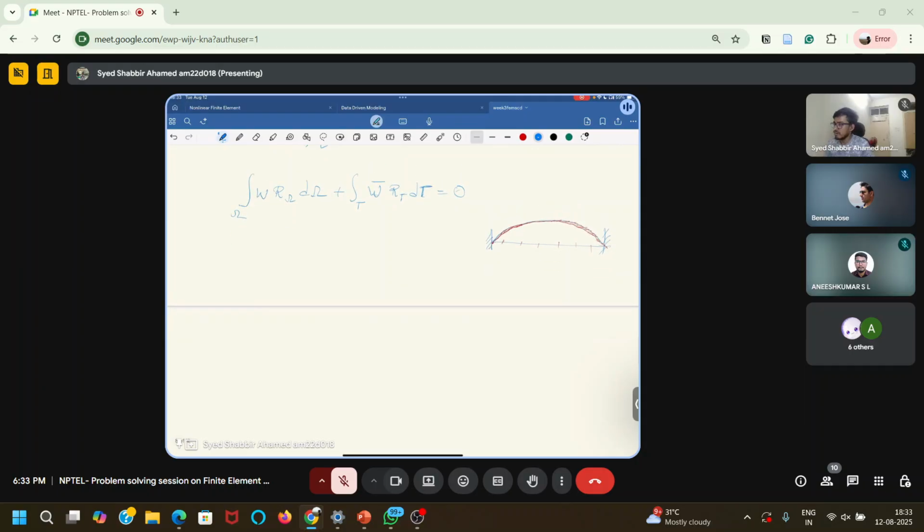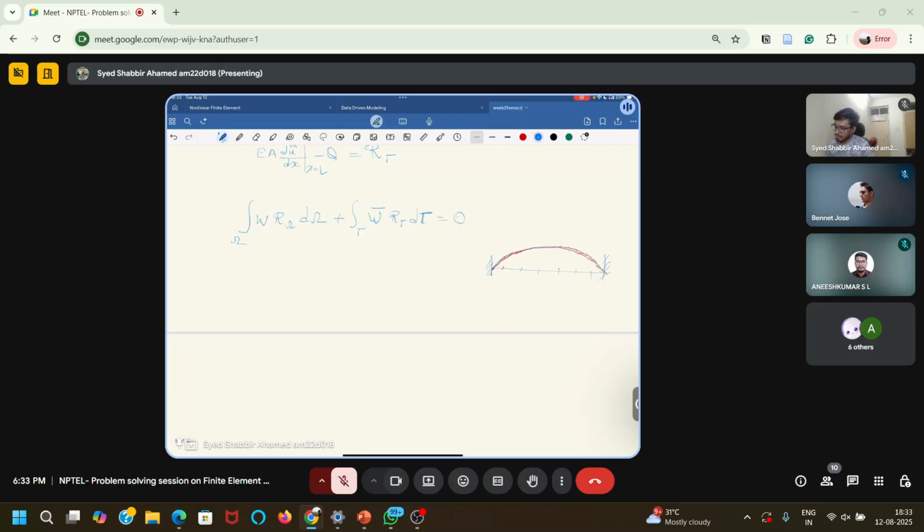So this is called the weighted residual method. As I said, we have to assume the solution before doing all these things.